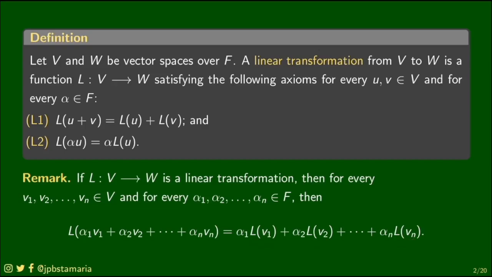This can be proven by simply beginning on the left hand side and then repeatedly applying equations L1 and L2 to each of the terms. And then whenever you get a scalar, you put them outside the function L, just like in property L2.